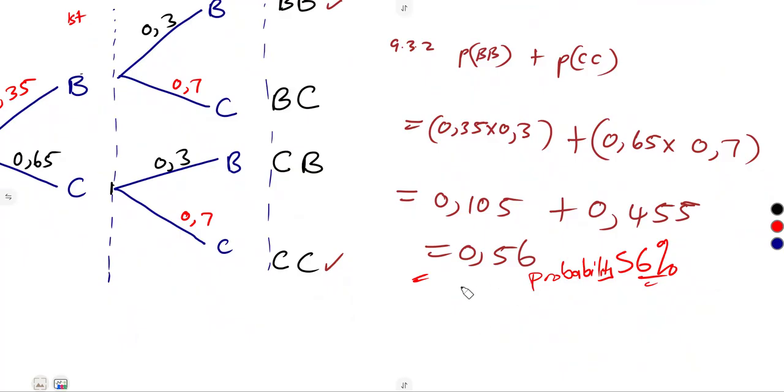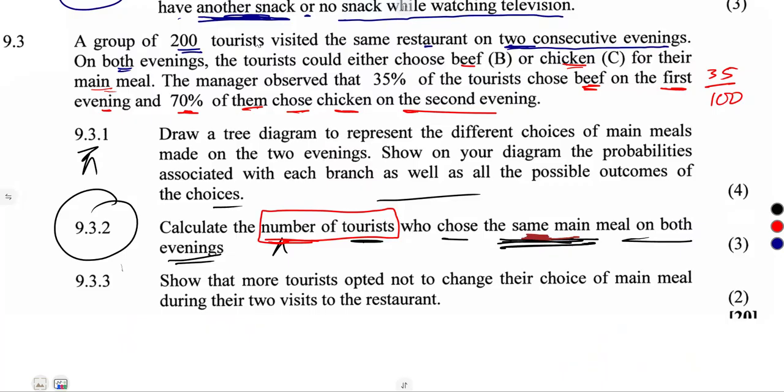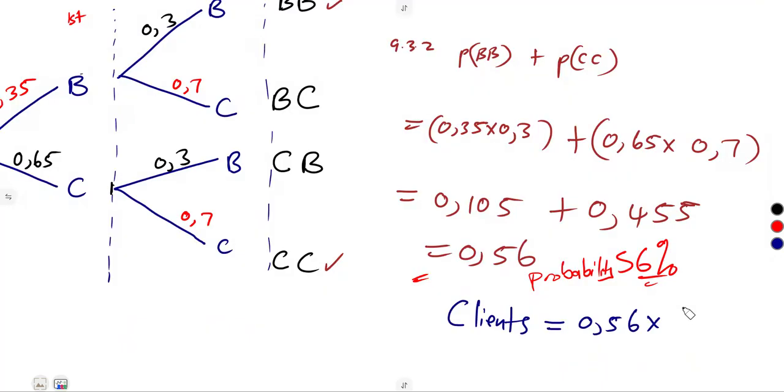So how many clients are we talking about? It will be 0.56 times the number of clients that we are given. There are 200 tourists, so 0.56 times 200.